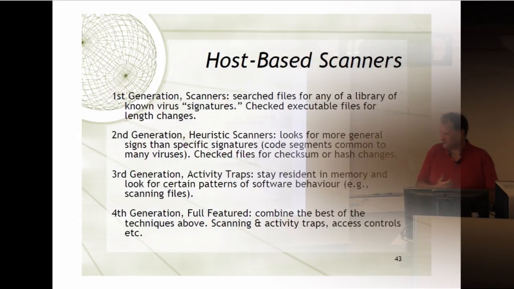And then the fourth generation, what's called full-featured. We combine all the different techniques, and we also connect to an ecosystem where we can get help from the manufacturer of the antivirus system, get updates, get help with identifying new malware and so on.